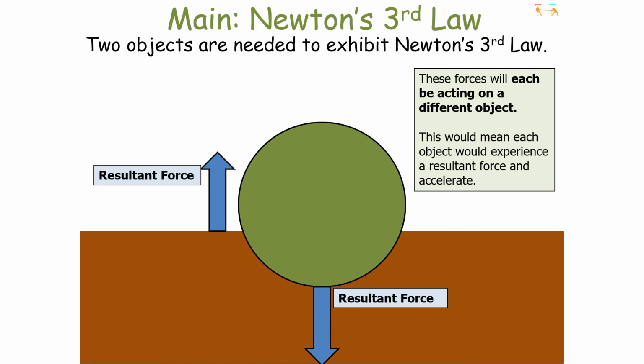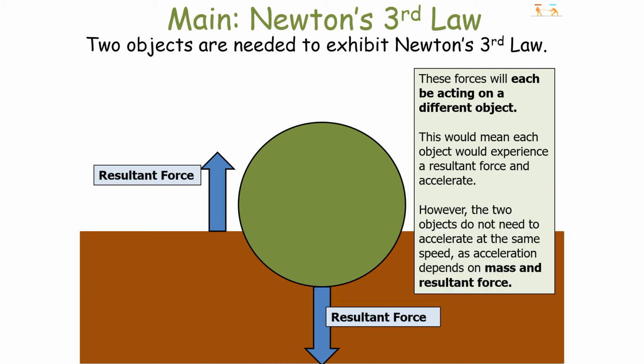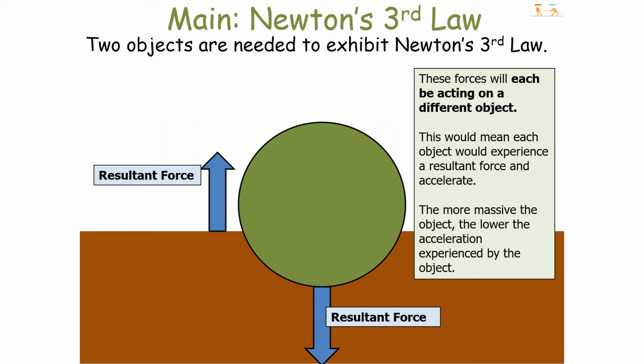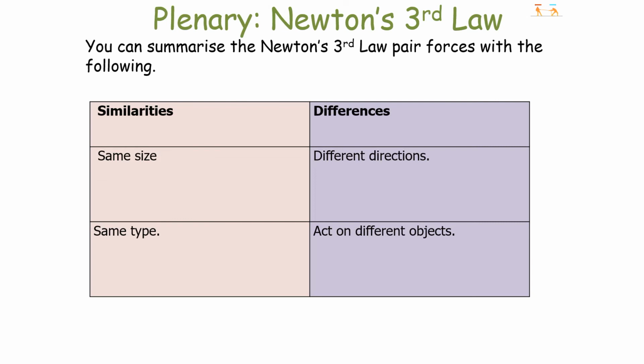But this tells you a very, very important idea, that even though they both have the same resultant force, the 2 objects do not need to accelerate at the same speed, as the acceleration depends on the mass and the resultant force. The more mass of the object, the lower the acceleration experienced by the object, whilst the less mass of the object, the higher the acceleration experienced by the object. So you can summarize Newton's third law pair forces with the following. They are the same size and are the same type, but they act in different directions and on different objects.